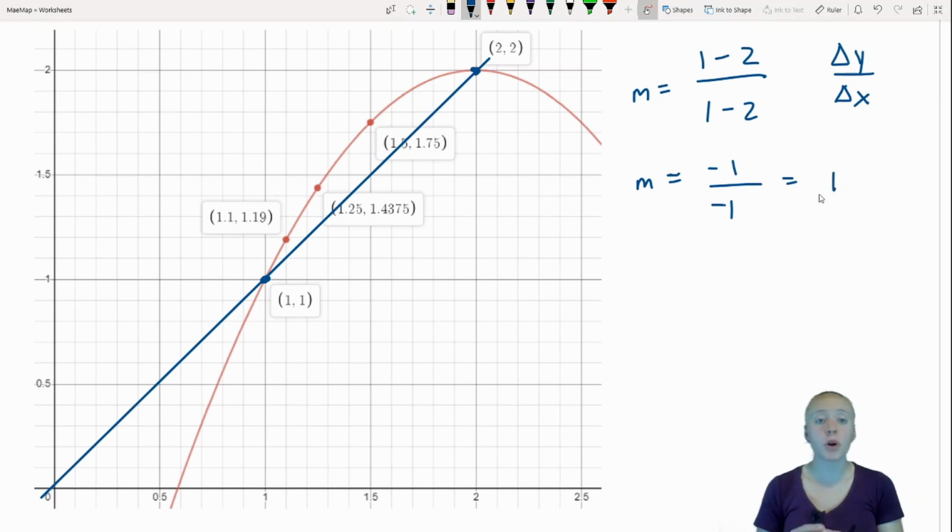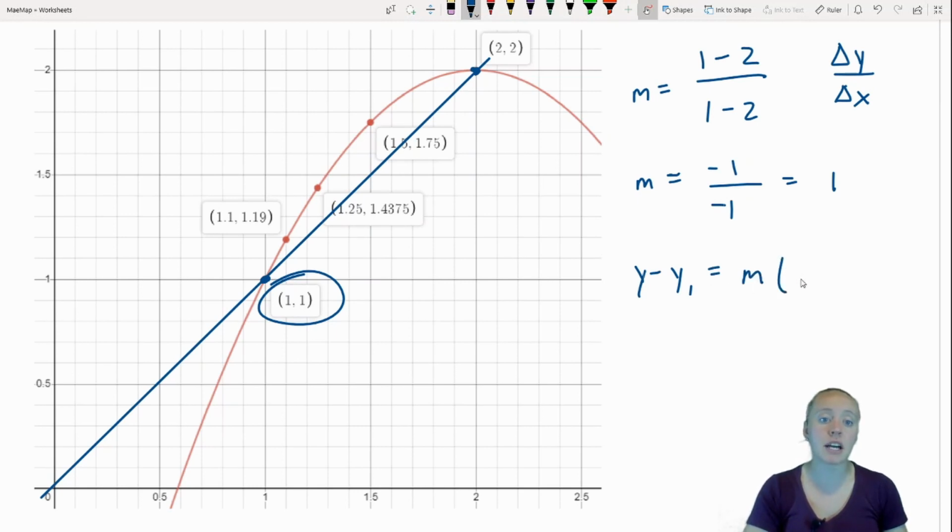So knowing the slope, we can use our starting point of (1, 1) and calculate point slope form, and then we'll go ahead and either leave it like that or write it in terms of slope intercept form. It's up to you. So we have y minus y1 equals m times x minus x1. This is point slope form.